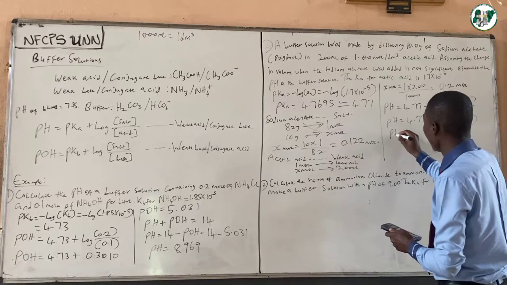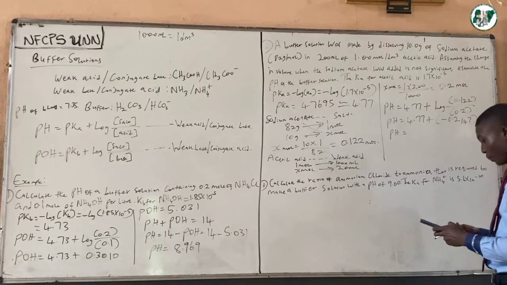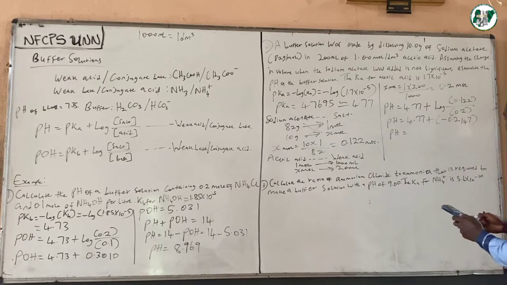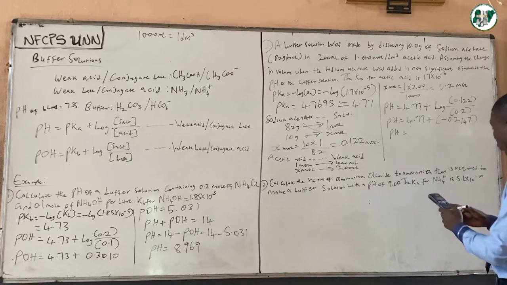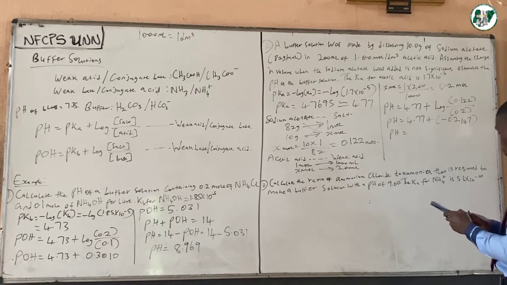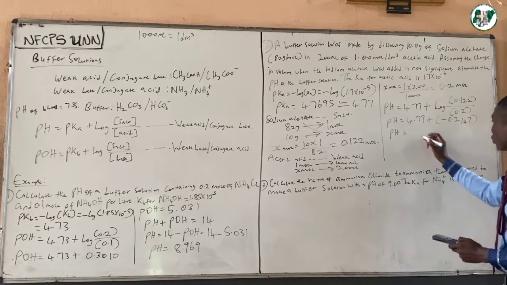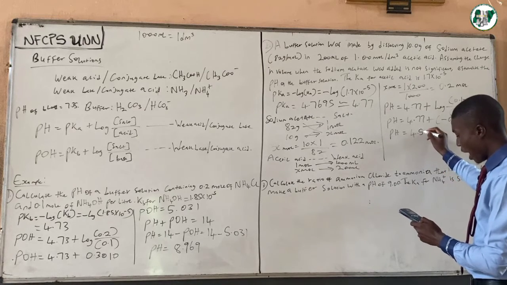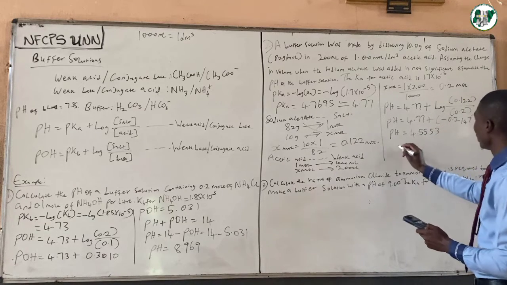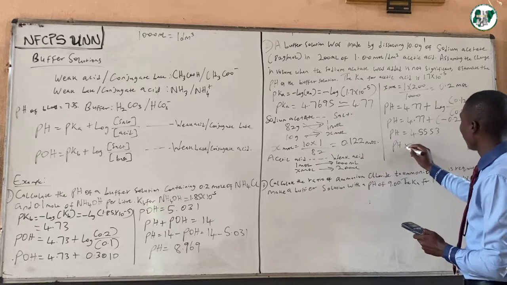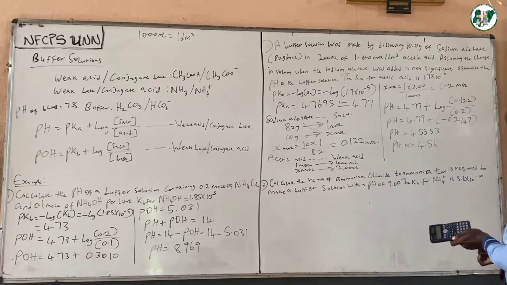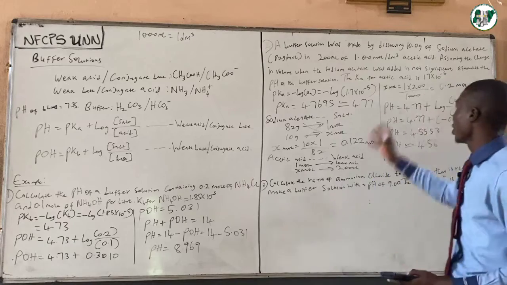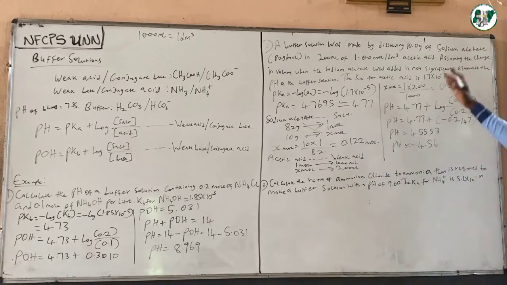So our pH is now equal to 4.77, plus times minus will give us minus, so 4.77 minus 0.2147. That's going to give us 4.5553. So our pH is approximately 4.56. So the pH of the buffer solution formed between acetic acid and sodium acetate, according to the amounts given here, is going to be equal to 4.56.